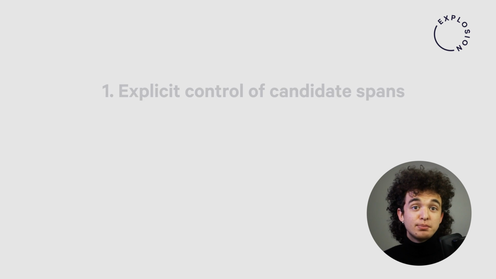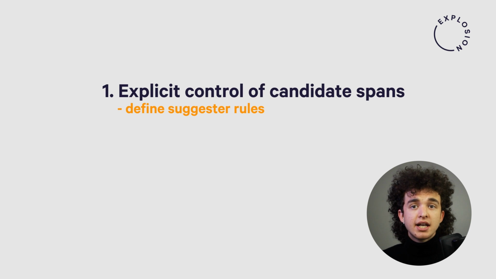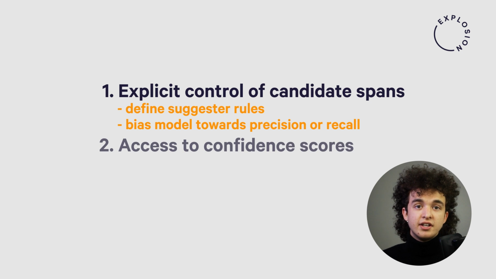First, we have explicit control of candidate spans. You can define rules on how spancat obtains likely candidates by writing suggester functions. Through this, you can bias your model towards precision or recall, customizing it further depending on your use case. Second, access to confidence scores. Unlike NER, a spancat model returns predicted label probabilities over the whole span, giving us more meaningful confidences to threshold against.